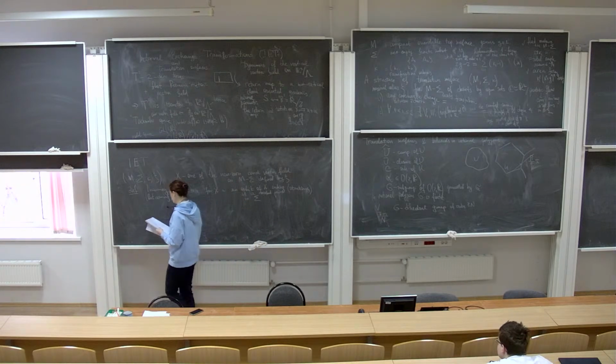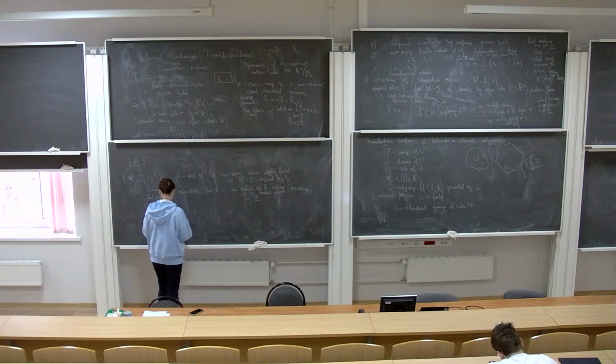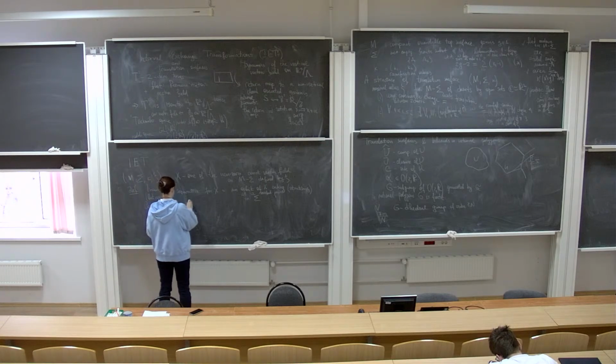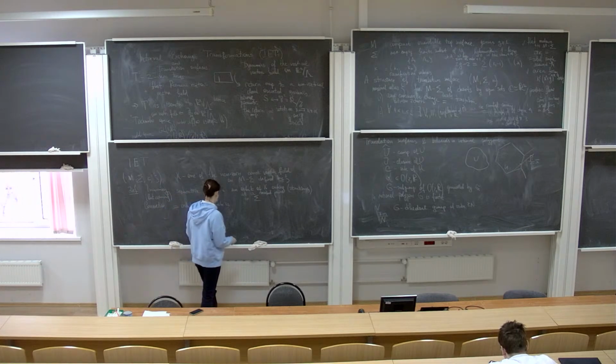And a connection will be an orbit that connects two marked points with each other. So it's an orbit of X which is both an incoming and outcoming separatrix.